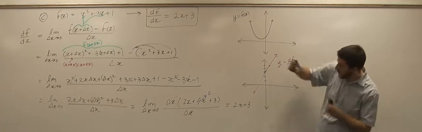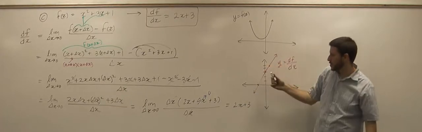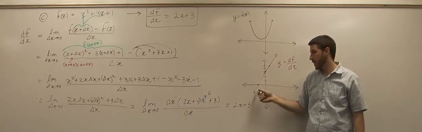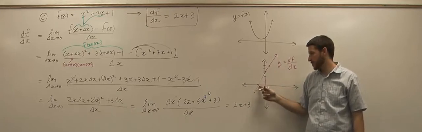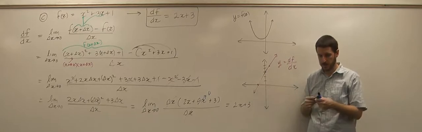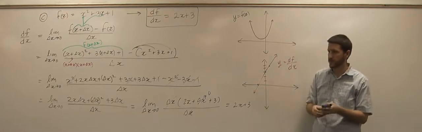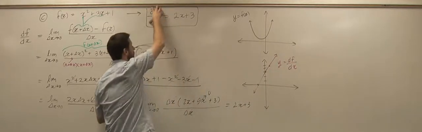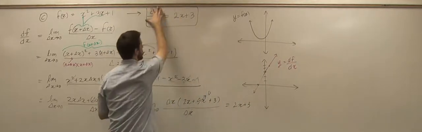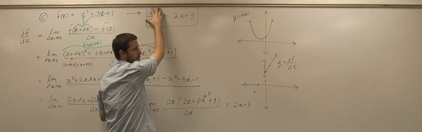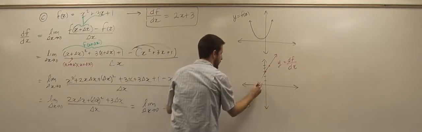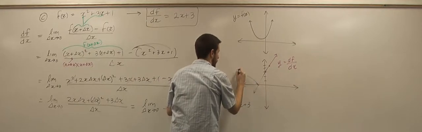This point right here is very interesting because your derivative is changing from a positive y value to a negative y value. Can you solve for this point? What's the x-intercept of this line? If you set y equal to 0 and solve for x, what do you get? Negative 3 halves.